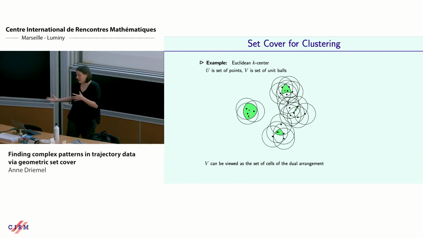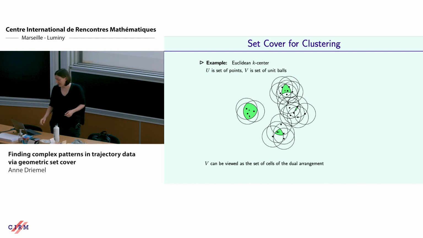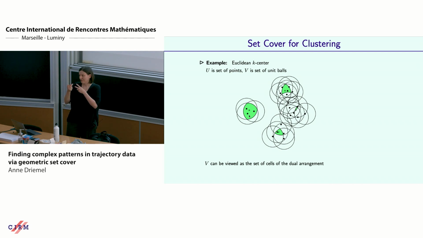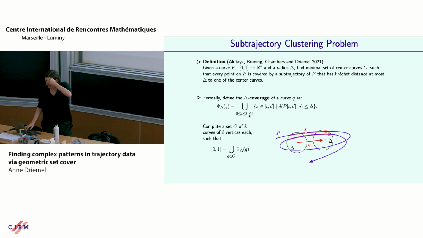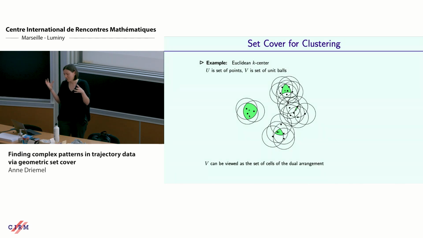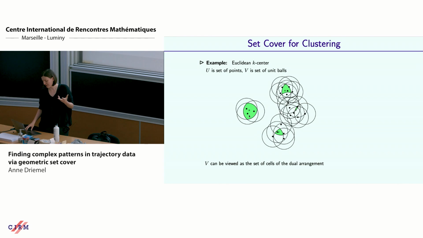Now we do have a discrete set of points that are eligible as centers, because it doesn't matter which point in this cell I pick. So I get a finite representation. That's why it's useful to have this point of view. The other take-home message is that set cover makes sense to use for clustering problems.